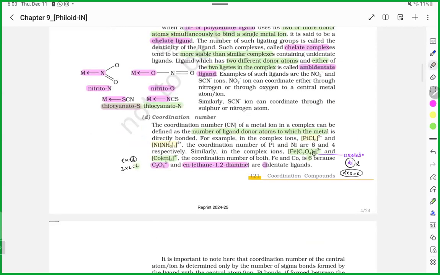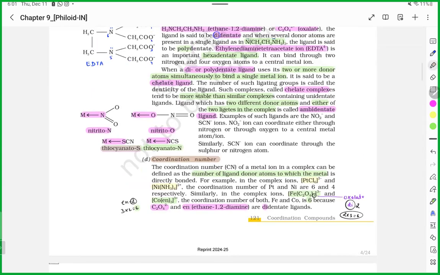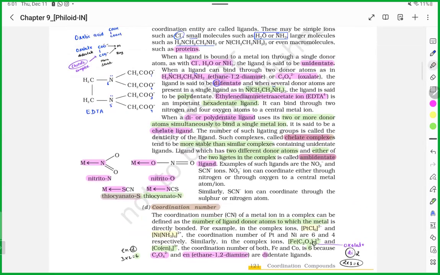How to calculate coordination number, especially when you have didentate or other ligands, is important. Ambidentate ligand, chelating complex, and denticity are extremely important. Examples of polydentate like EDTA with six, or ethane-1,2-diamine or oxalate are really important.